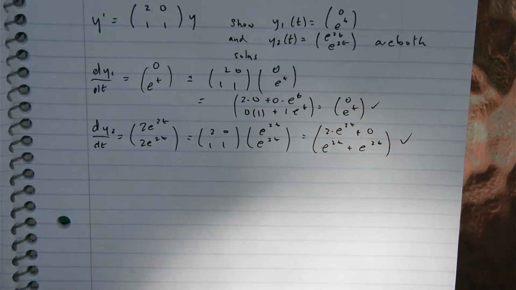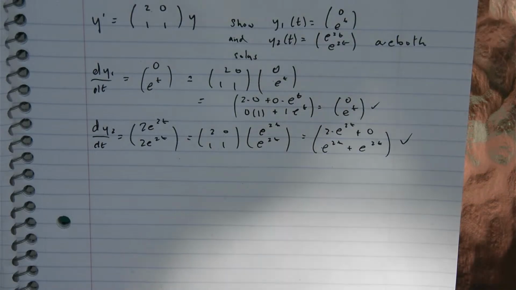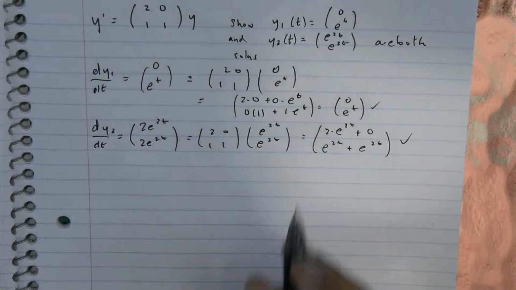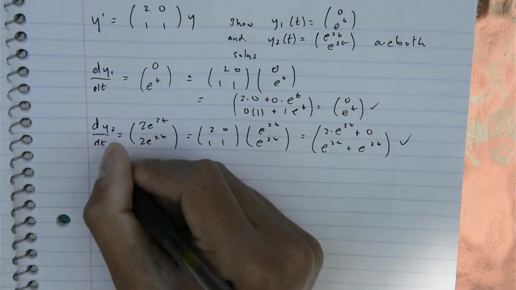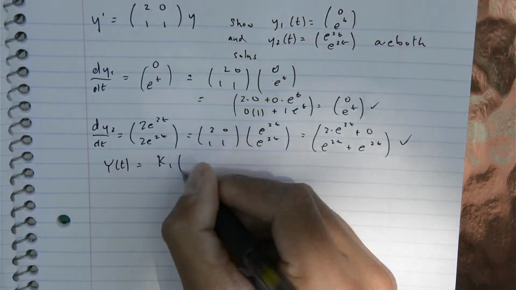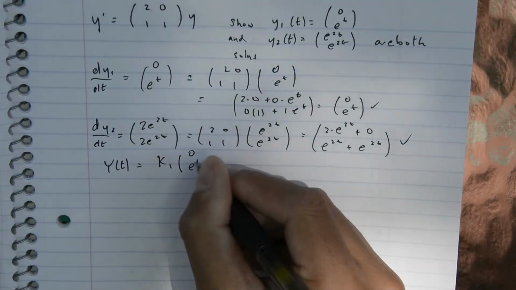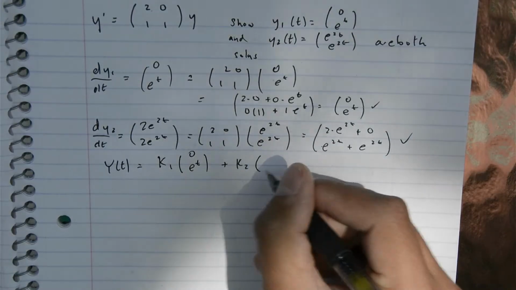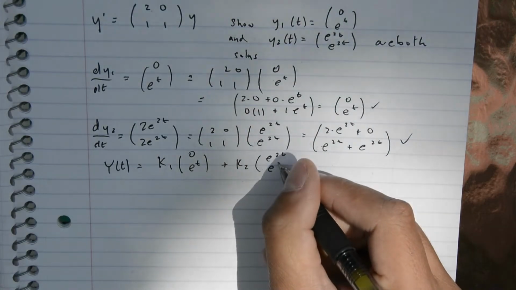Therefore, we're good. So what that means is that our general solution is going to be equal to k1 times (0, e^t) plus k2 times (e^(2t), e^(2t)).